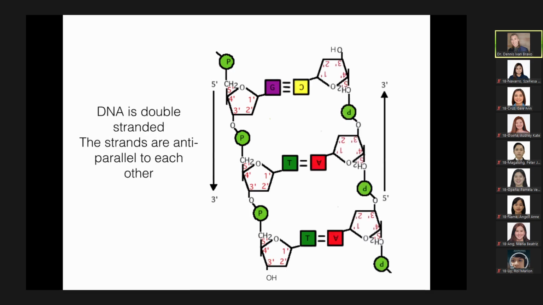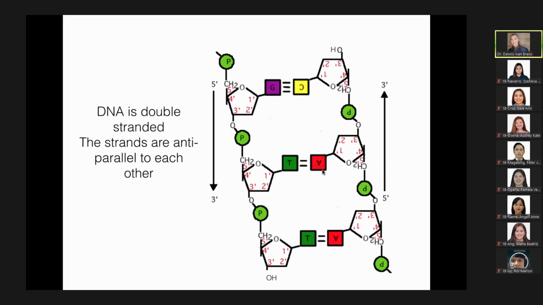DNA is always double-stranded, so there is a complementary strand that is running anti-parallel to it. And those two strands are held together by hydrogen bonds between the bases, 3 hydrogen bonds between G and C, while there are only 2 hydrogen bonds between A and T.